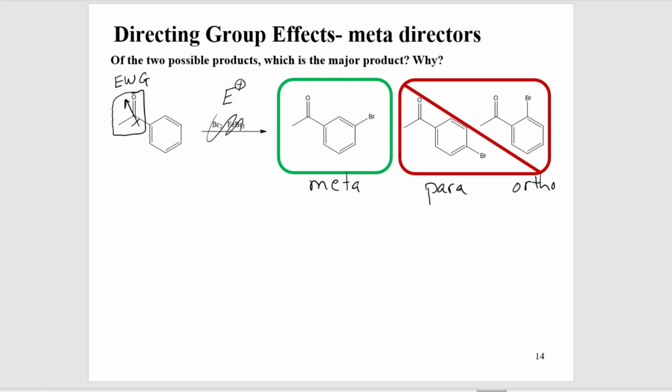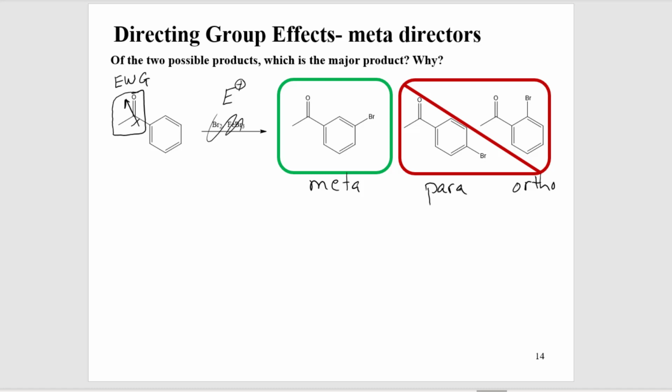So this directing effect is determined by who's already on the ring. It doesn't matter what you're putting on next. Boy, girl, electrophile, bromination, sulfonation, doesn't matter. The directing effect is all governed by the group that's already on the ring.